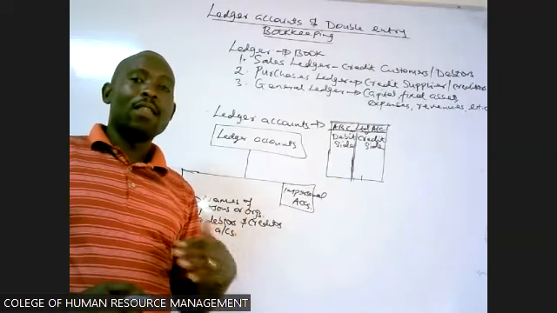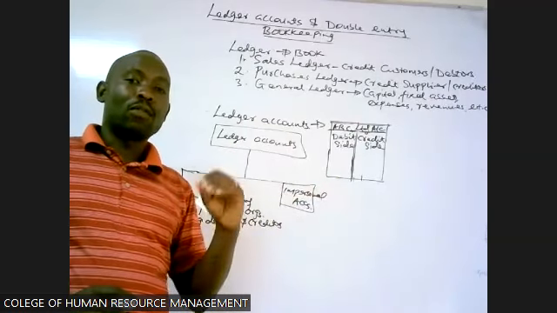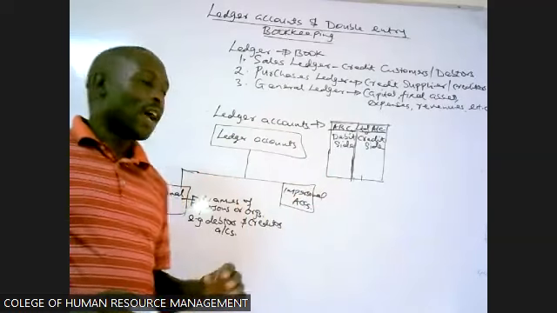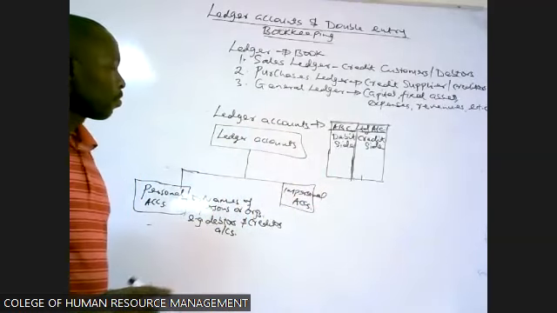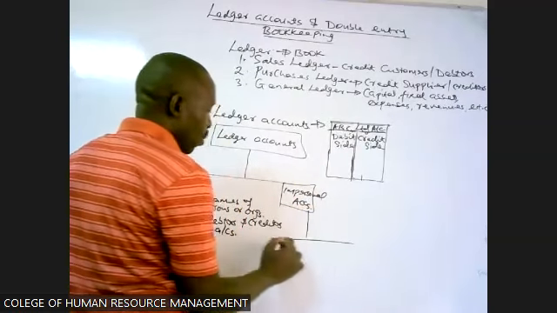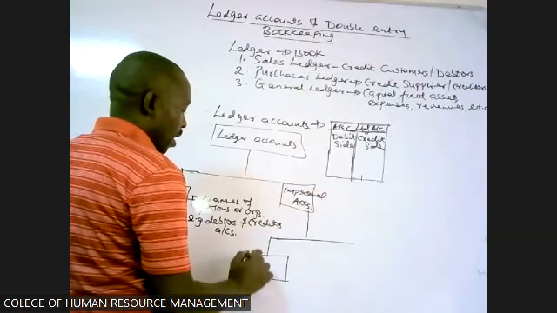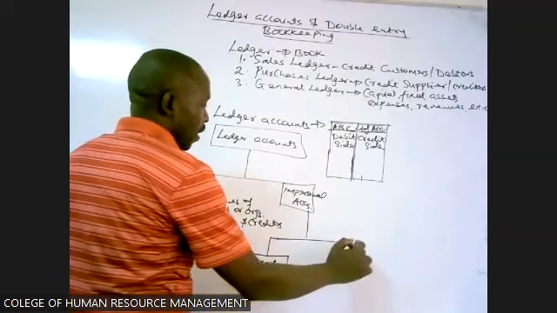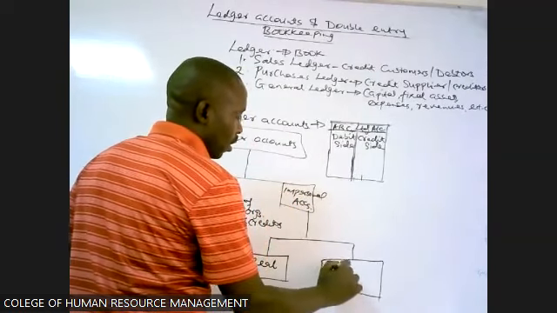So either way, the debtors or the creditors are going to contain the names of persons or business organizations, and therefore they are considered as personal accounts. Under the impersonal, we have got two more classifications. We have got those accounts we refer to as real, and then those that we refer to as nominal.